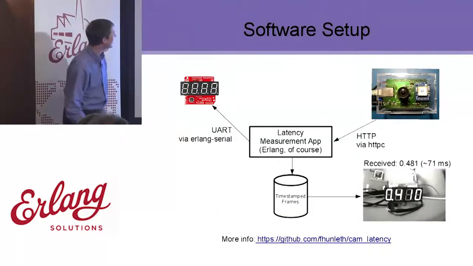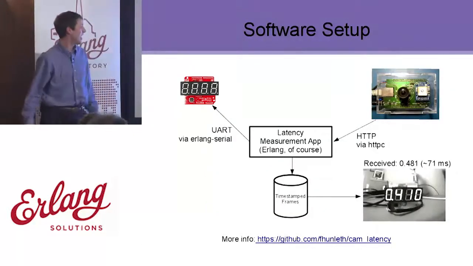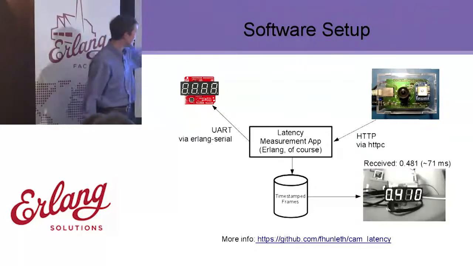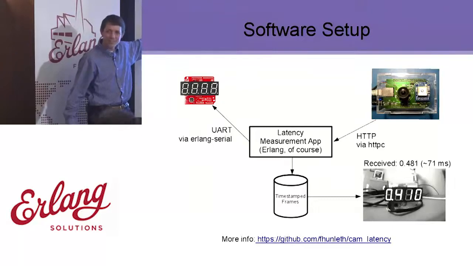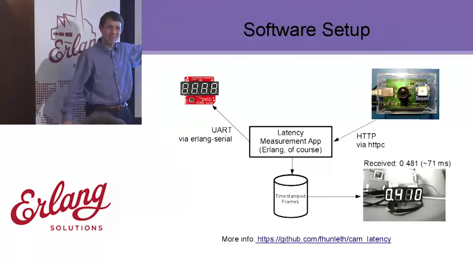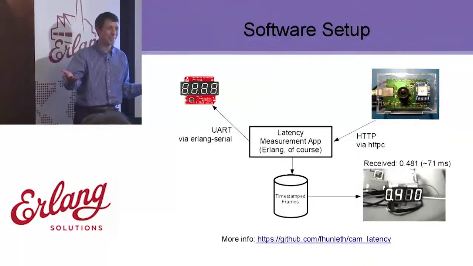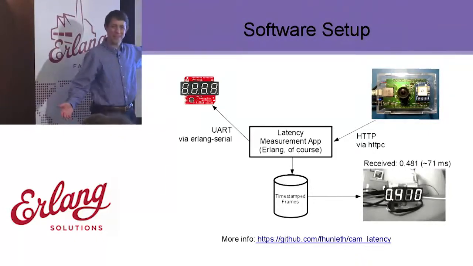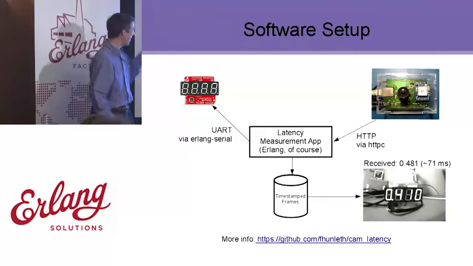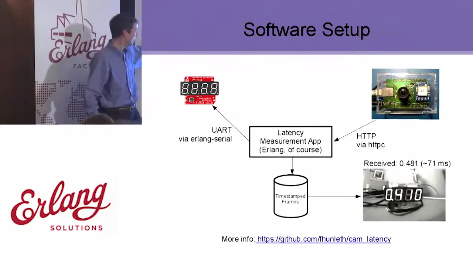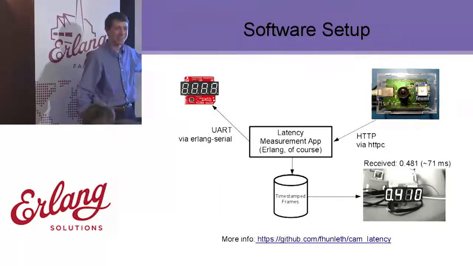So here's another way of looking at how it's set up. I just had to write a little application. I used Erlang serial, which is an interesting library because if anyone uses serial ports, this one's been forked many times. You need to find the right port and then it will work for you.